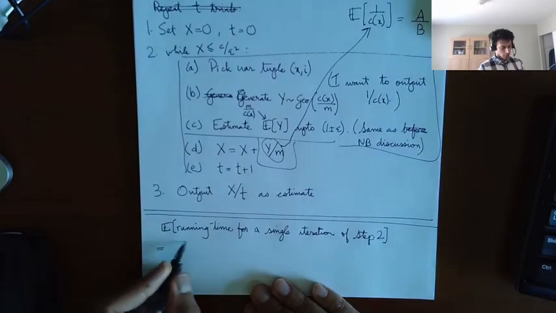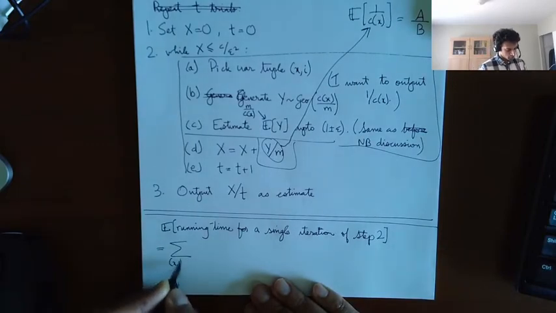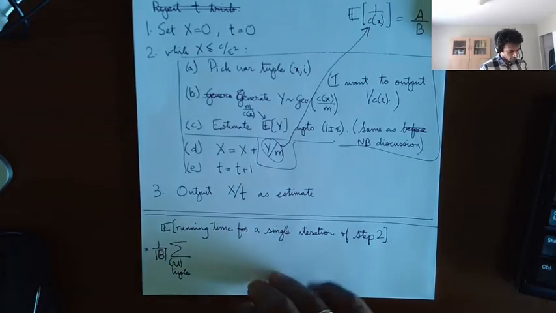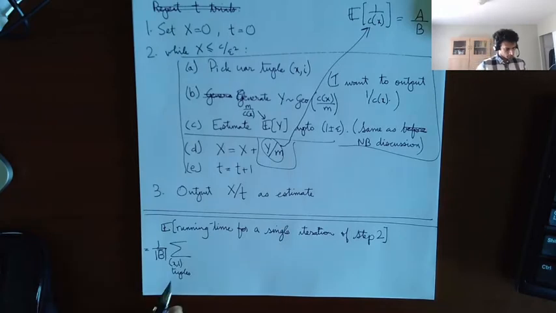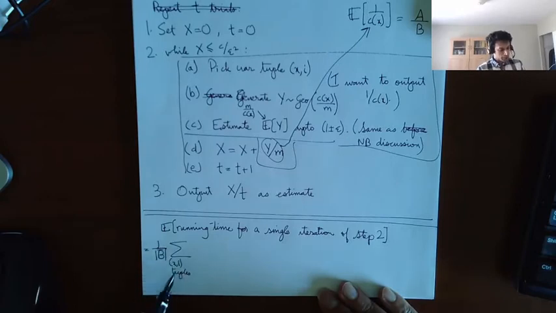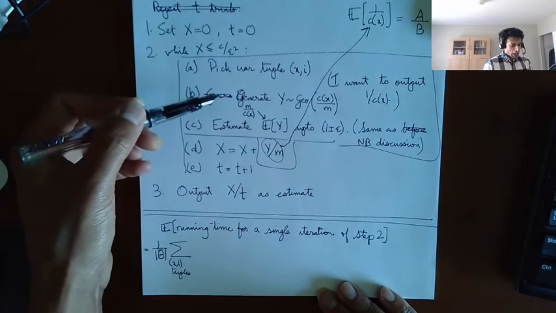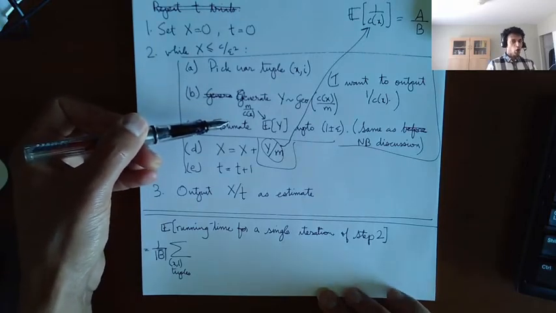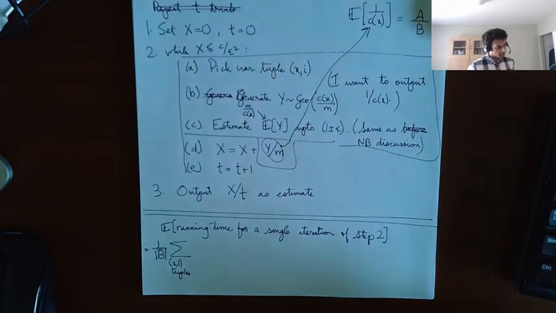It's going to be the sum over all tuples, 1 divided by the probability of picking a tuple. The expected running time for a single iteration is going to be this. Now, given x, conditioned on choosing x, how long is this going to take?